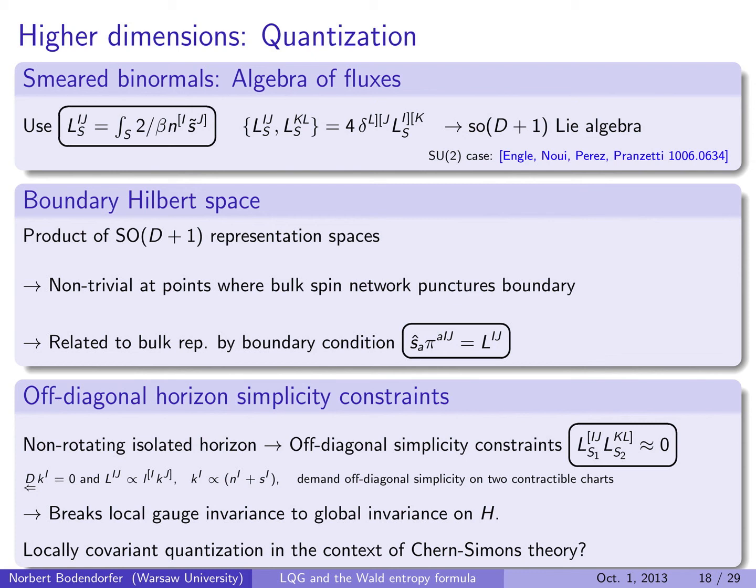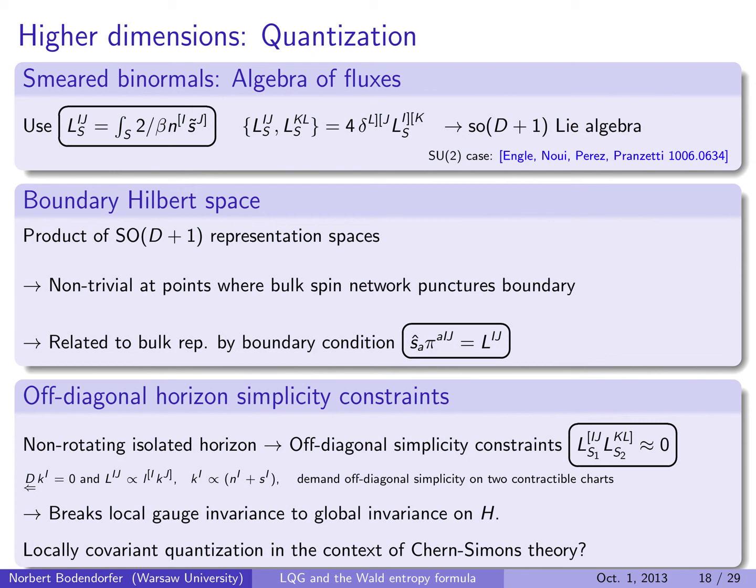If you impose a condition which restricts the same degrees of freedom, then we're fine. And this is exactly what this off-diagonal horizon simplicity constraint does. Then there's also some issue with imposing it on just contractible charts of the horizon slice, which should give you topology corrections if you go to higher genus surfaces, for example.